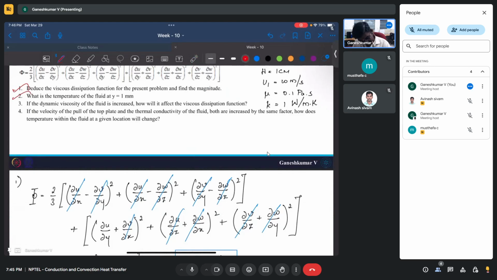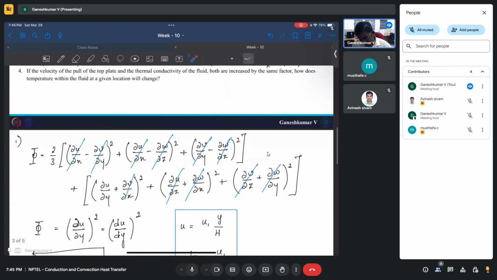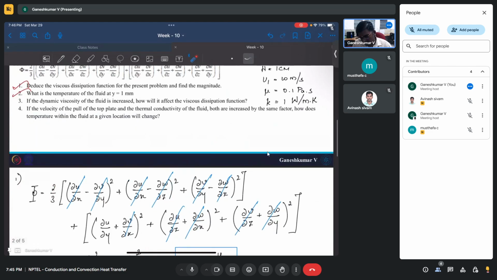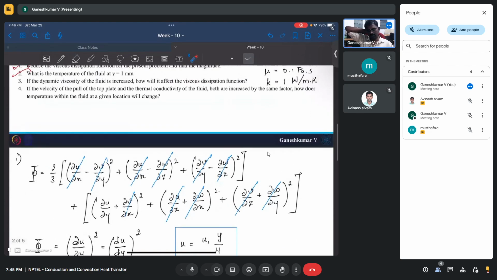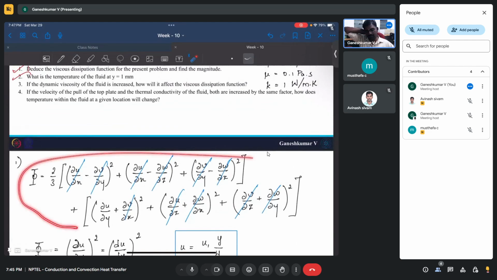And now, if the dynamic viscosity of the fluid is increased, how will it affect the viscous dissipation function? So the viscous dissipation function is this. What happens when the dynamic viscosity of the fluid is increased? That's the question. Ideally, if you look at this viscous dissipation function, you do not have any mu here.